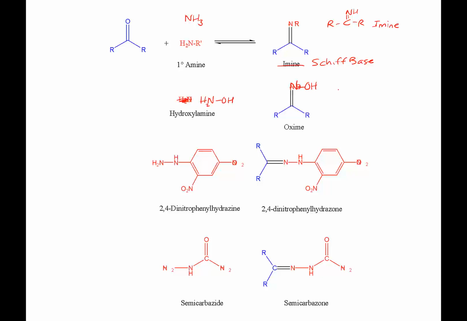And then if you take 2,4-dinitrophenylhydrazine, hydrazine has an NH2 attached to another NH2, or NH attached to an NH2. And my structures are all messed up because somehow PowerPoint ate them. But if you do this phenylhydrazine, and hydrazine is N2H4, that's what we used in the Wolff-Kishner reduction.